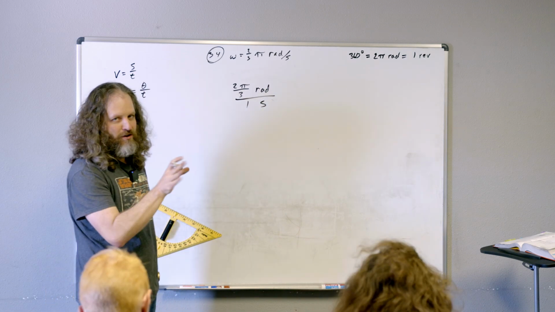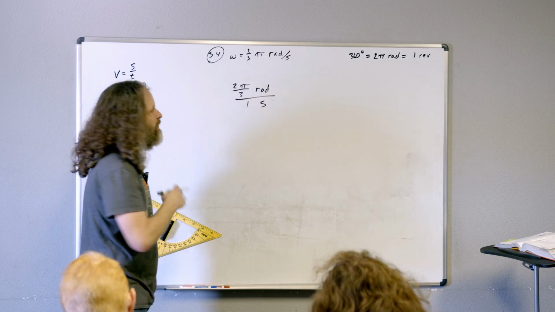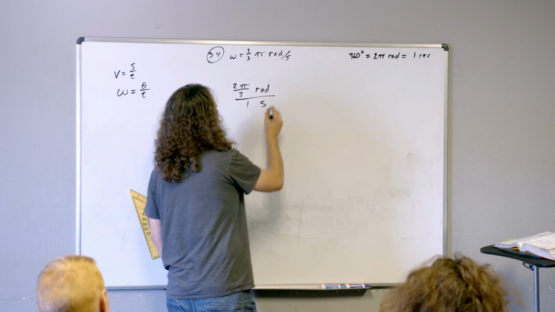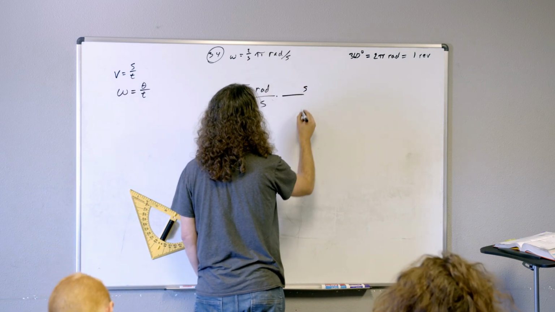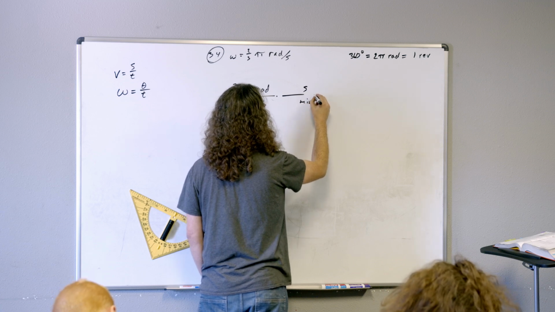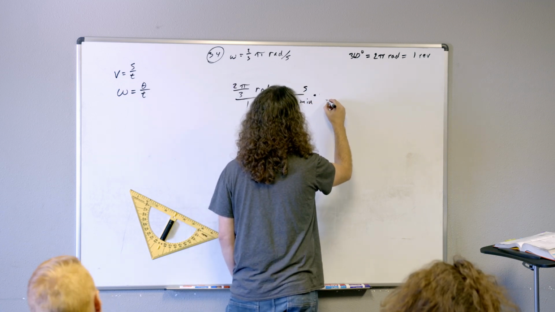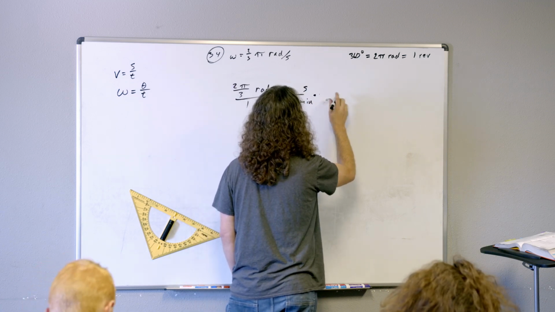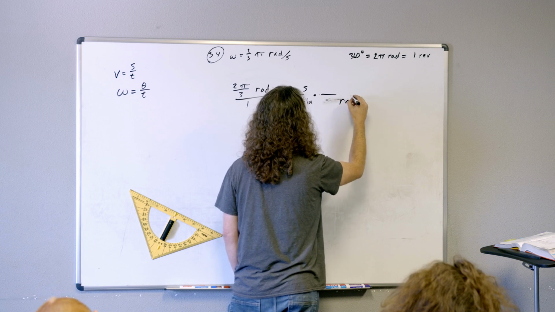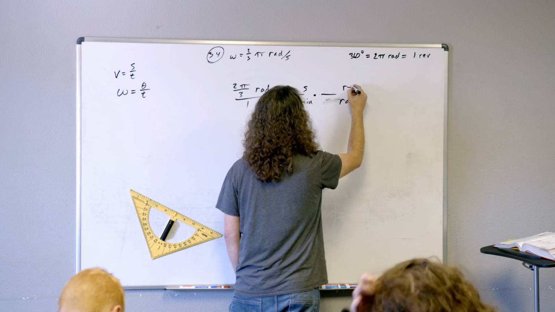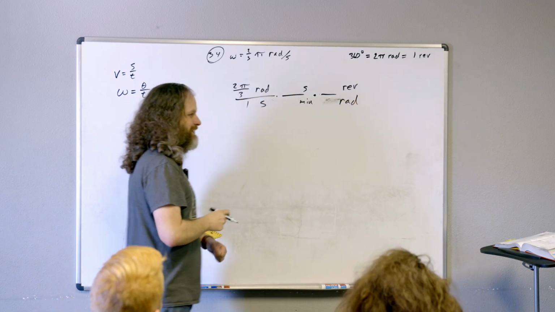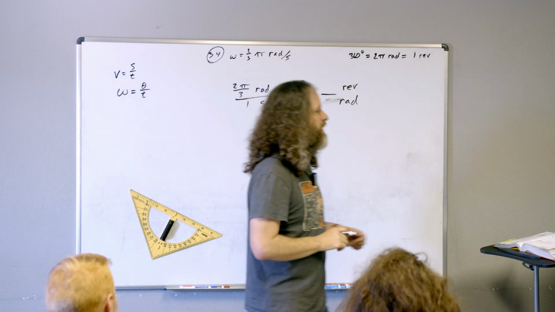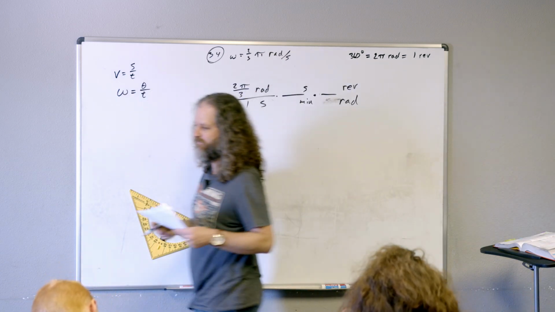So it's just a unit conversion. It's really all we're doing here. We want the seconds to go away and turn it into minutes, and we want the radians to go away and turn that into revolutions. So 60 seconds over 1 minute.